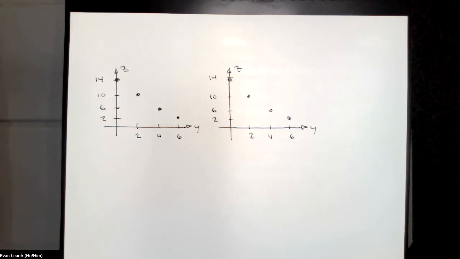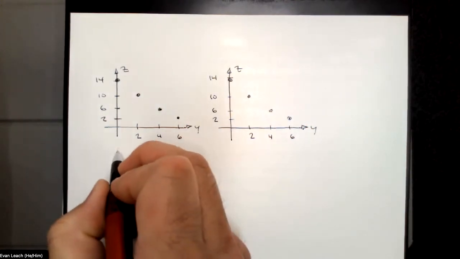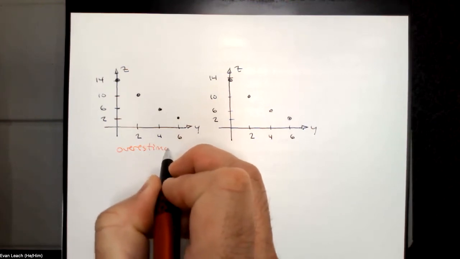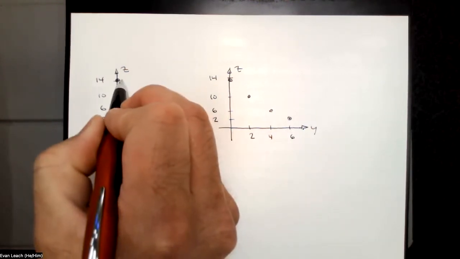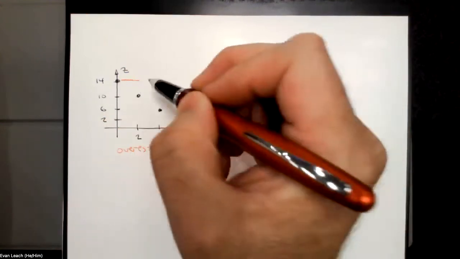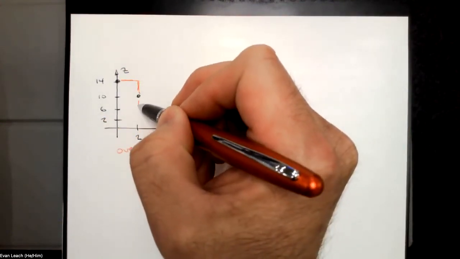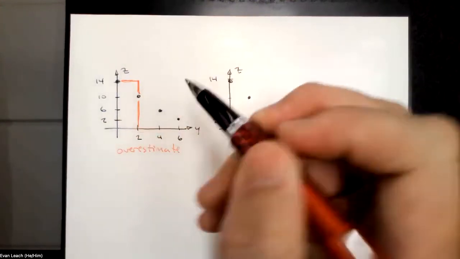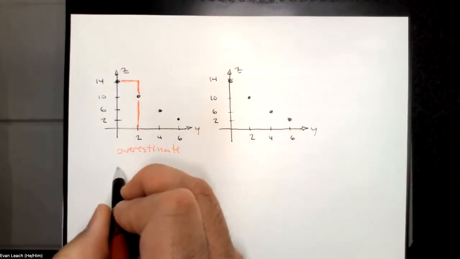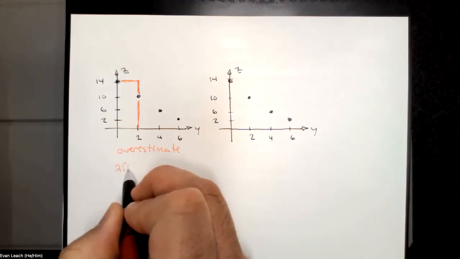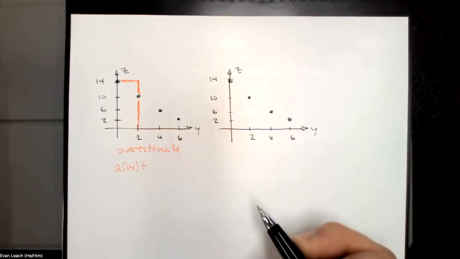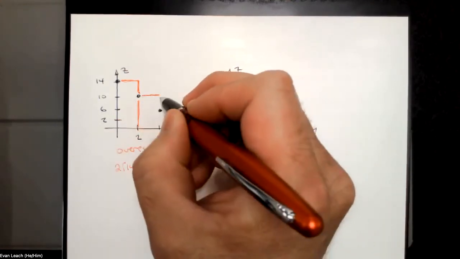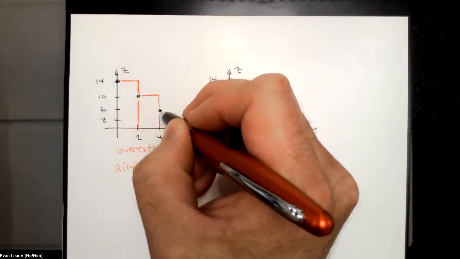So I'm going to start with, on my overestimate, we're going to use 14 for that 2-unit interval. And so that is going to be the area under the curve. And then for the next interval, we'll have 10. I'll use that for the area under the curve.